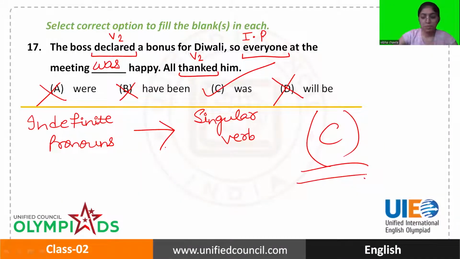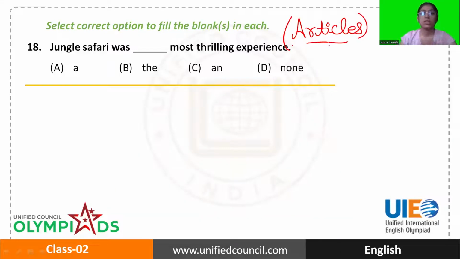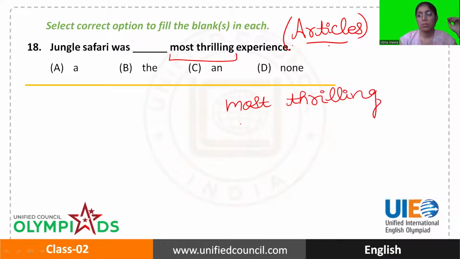And all thanked him. Now the next one, question number 18. Jungle safari was blank most thrilling experience. The, and, or none. A question from articles. So see, most thrilling. It is the superlative degree of the adjective thrilling, most thrilling.